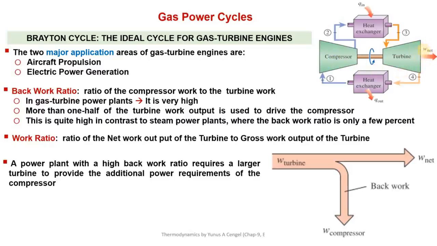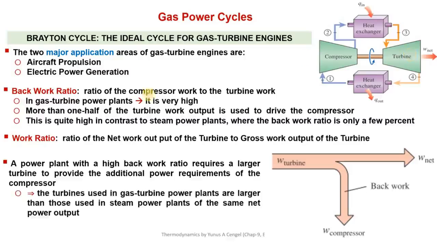So gas turbines are much larger in size to get the same power output as an equivalent steam power plant. That's why turbines used in gas turbine power plants are much larger than those used in steam power plants of the same net power output.